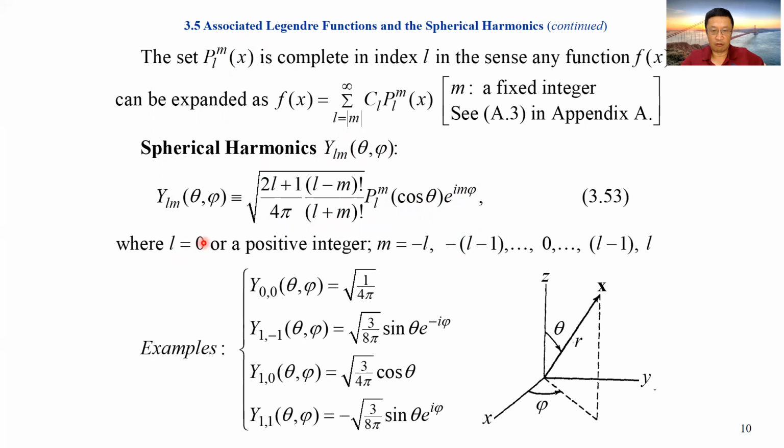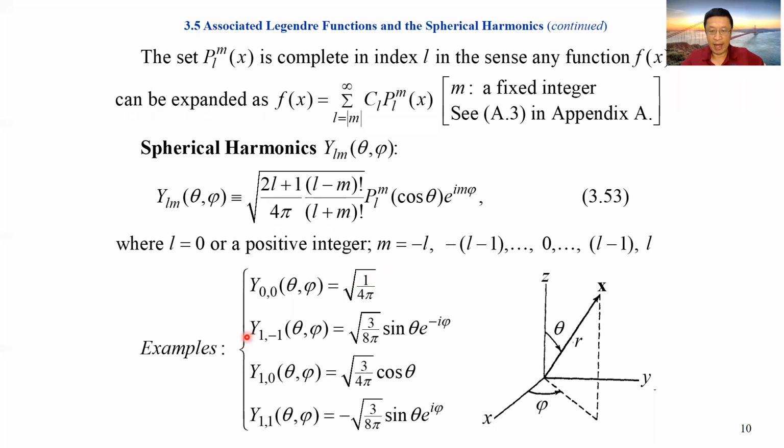L equals 0 or a positive integer, m from minus L to L. So you might have learned this when you learned quantum mechanics. Y_00(theta, phi) is 1 over the square root of 4 pi.